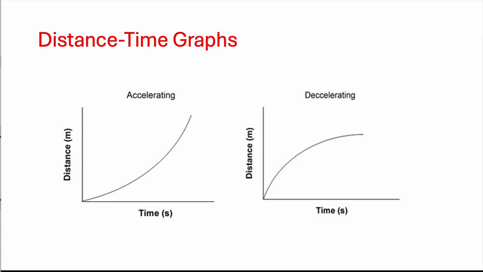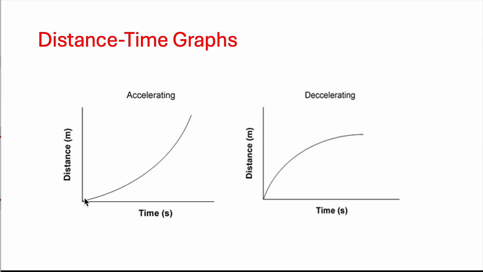Now, in terms of what the motion is, we say that the left hand side belongs to something which is accelerating, and the right hand side belongs to one which is decelerating. Have a second to think, why might that be the case? Why might we say that the left one is accelerating and the right one is decelerating? Well, hopefully you've got it.